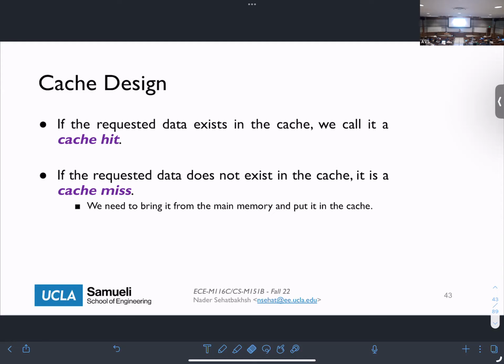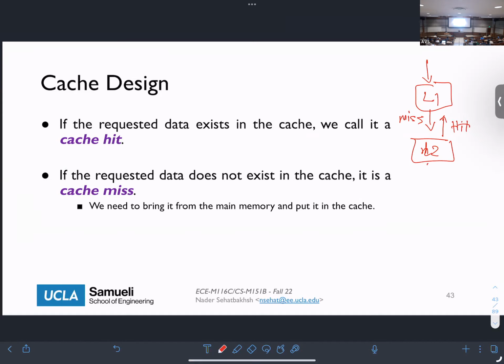And for a cache miss, what happens is that, for example, if we go to our L1 cache and see that this is a miss, then we have to go to our L2 cache and search for it. Hopefully it's there in our L2 cache and there will be a hit. If it's not in our L2, then we will incur another miss.